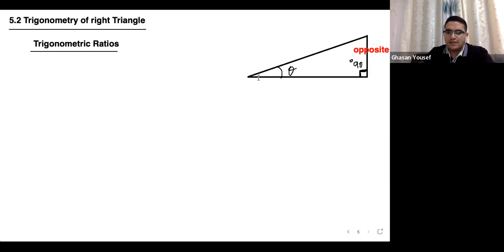And this side, starting from this point to this point, is called the adjacent side.